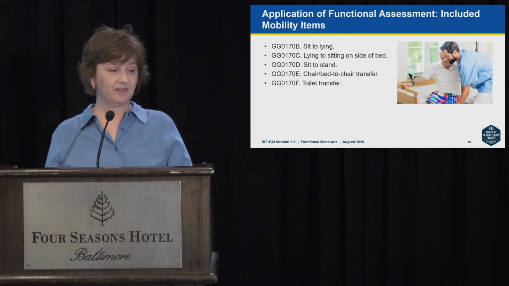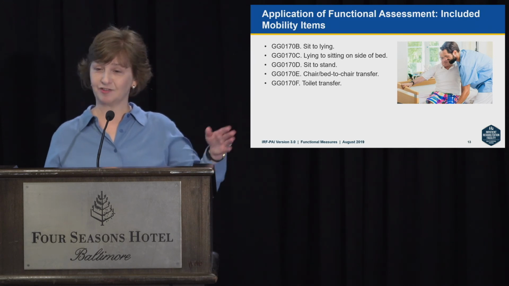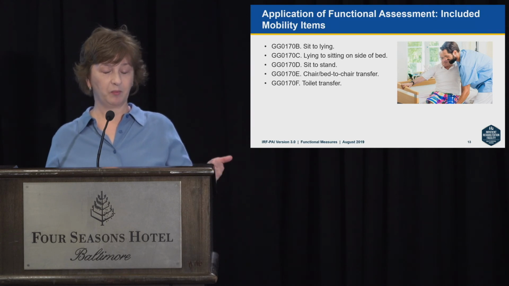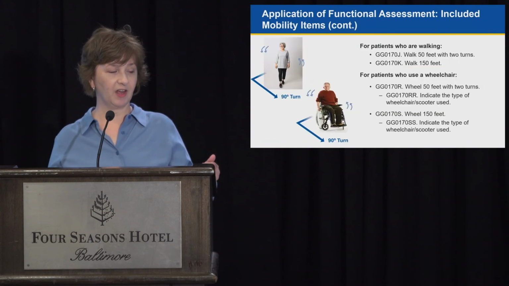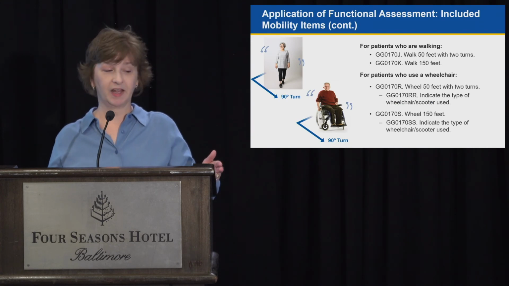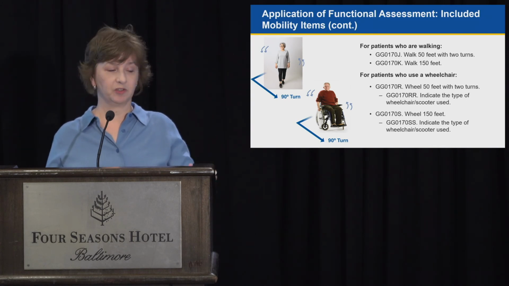On the mobility side, it includes some of the bed mobility activities. Roll left to right is not included here, but it does include some of the bed mobility activities, some of the transfer items, some of the walking items if somebody's walking, the 50 feet with 2 turns, 150 feet, and if somebody uses a wheelchair, the wheelchair activities.